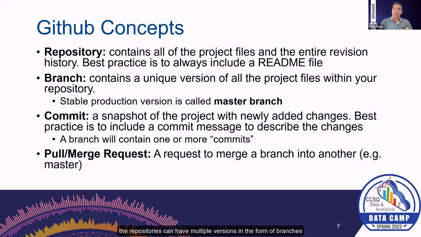Repositories can have multiple versions in the form of branches for users to do their development. Typically, the stable production version of a repository is always going to be the main or the master branch.